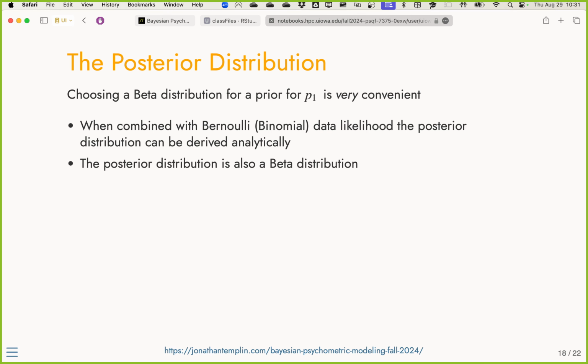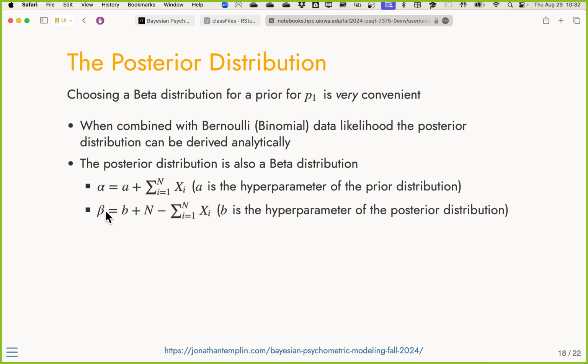Right? So why that's convenient is that here we can say the posterior distribution of beta will have an alpha parameter that's the prior distribution's alpha plus the sum of occurrences of seeing a die of 1.